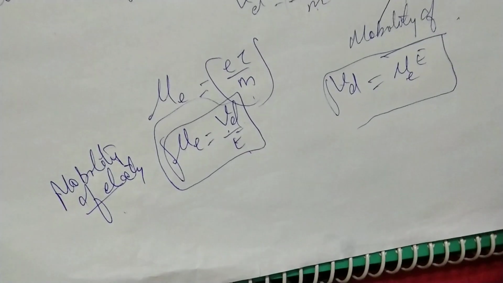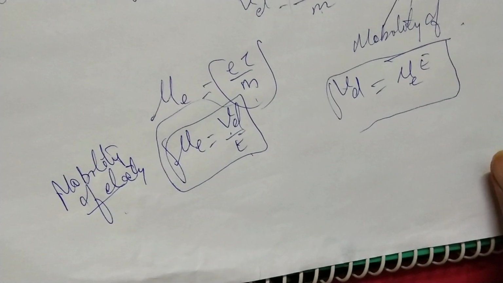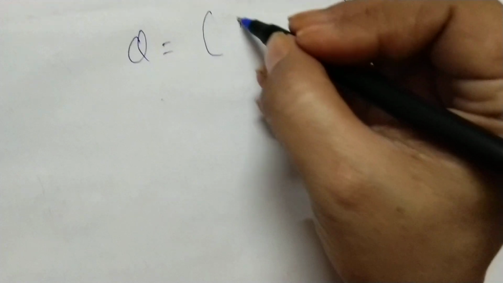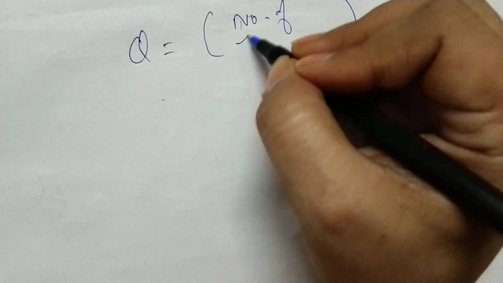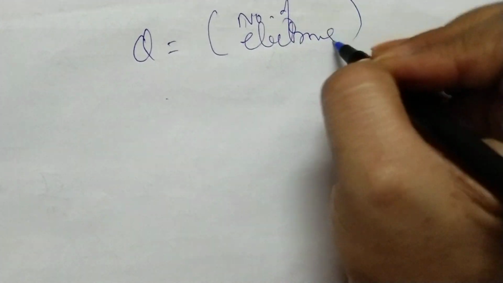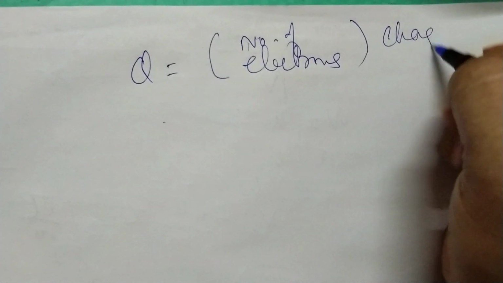The next, again very important thing that we need to understand is the relation between the drift velocity and the current. So in order to find out, we'll take a general formula. What was the general formula? We will write q equals the number of electrons into the charge of electrons.